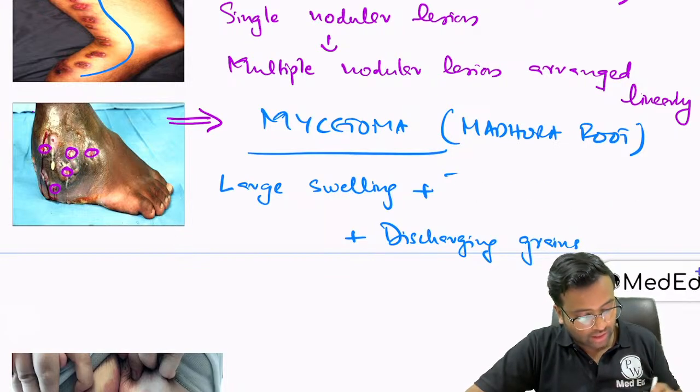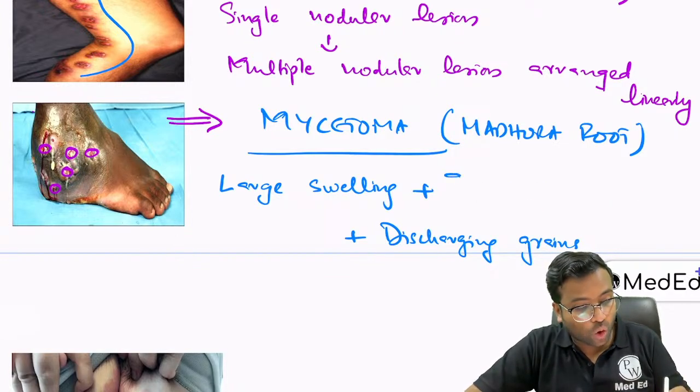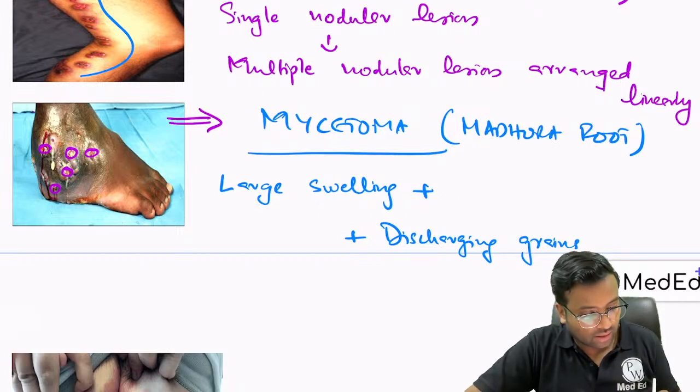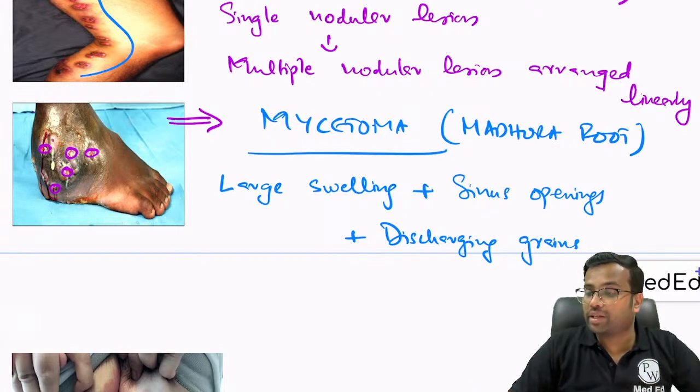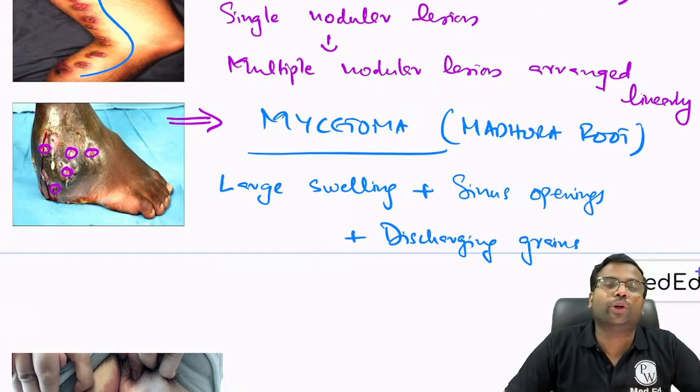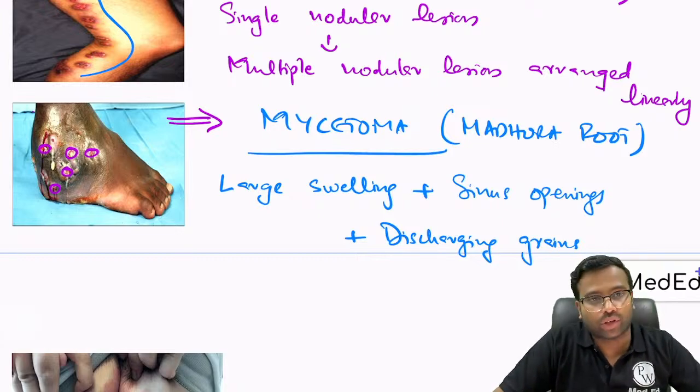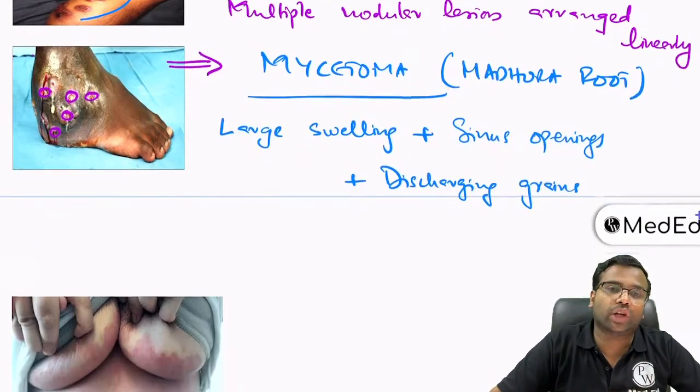Let us write here: there will be multiple sinus openings and characteristic discharging grains. Because this one is going to be a deep fungal infection. That is about Madura foot.